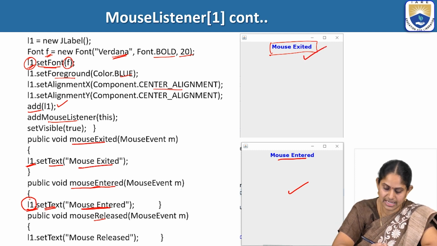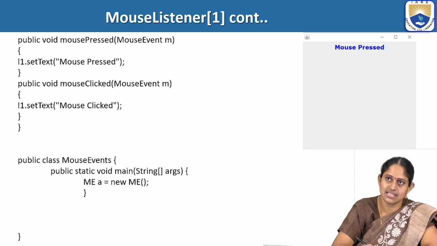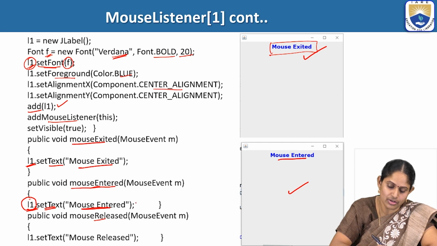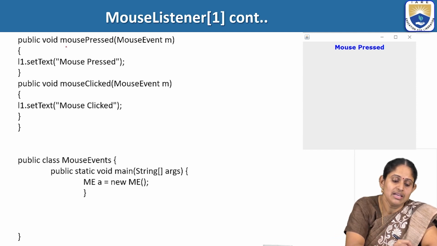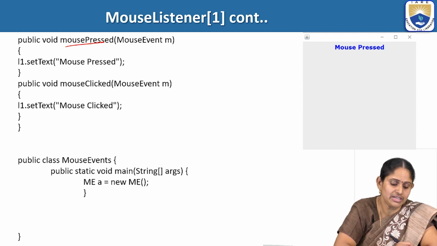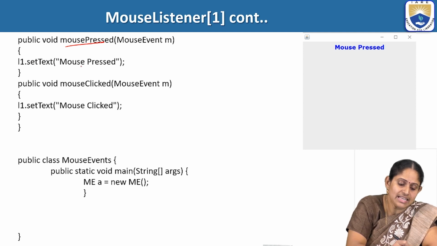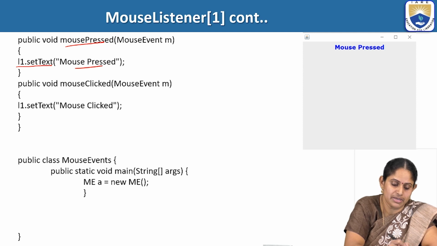Similarly, when the mouse is released or pressed, we get all these outputs. I have not added the mouse released output here. When the mouse is pressed, when we click the right or left button of the mouse, the mouse pressed event will be invoked, and it sets the label's text to mouse pressed.